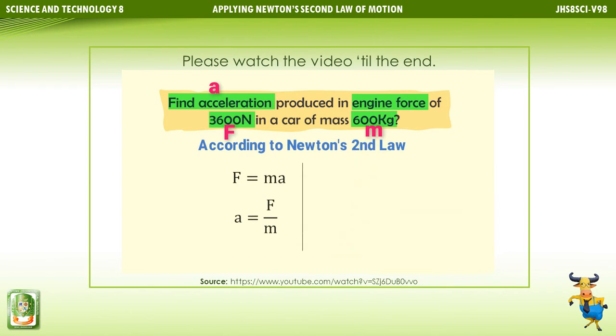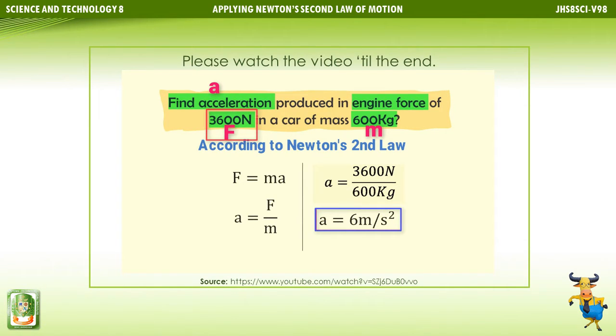Now plug in the values in this equation. a is equal to 3600 Newton upon 600 kg. As a result, we get 6 meter per second squared acceleration. Hence, 3600 Newton will produce an acceleration of 6 meter per second square in a mass of 600 kg.